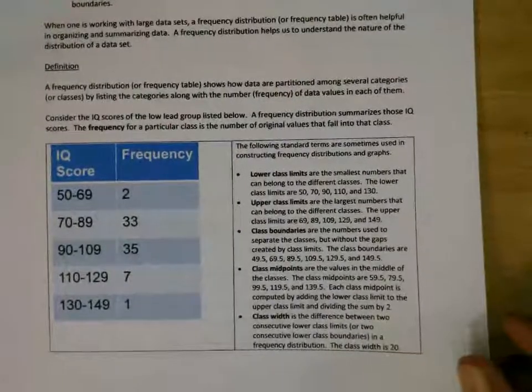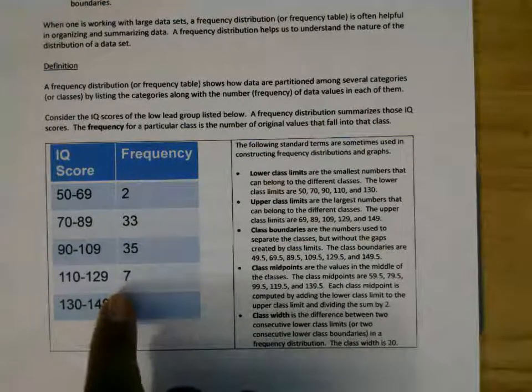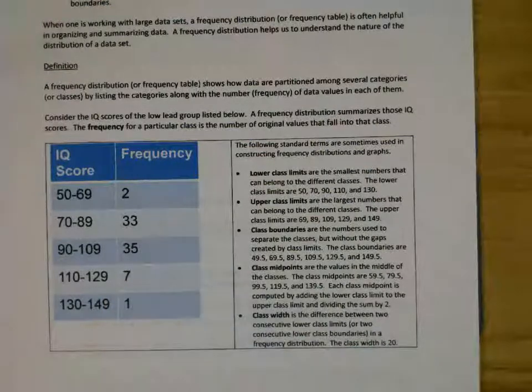We're going to consider the IQ scores of the low lead group listed below. This frequency distribution that you see on the left does summarize those IQ scores. And for a particular class, the frequency is going to be the number of original values that fall into that class.